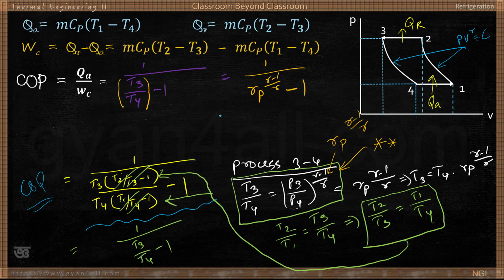So this is the final formula for COP, coefficient of performance, of a refrigerating unit working on the Bell-Coleman cycle. And what is RP? RP is equal to the high pressure divided by the low pressure, the pressure ratio.